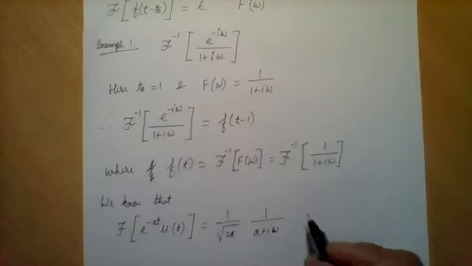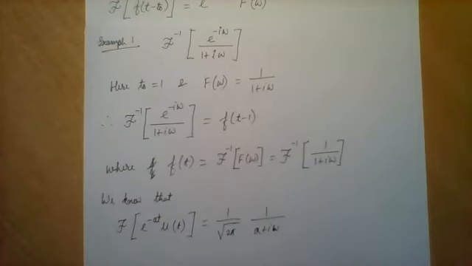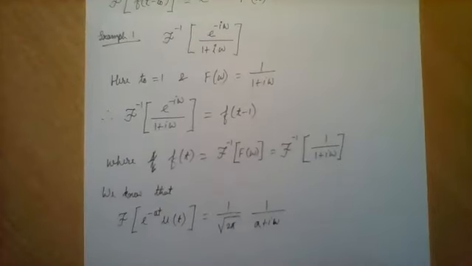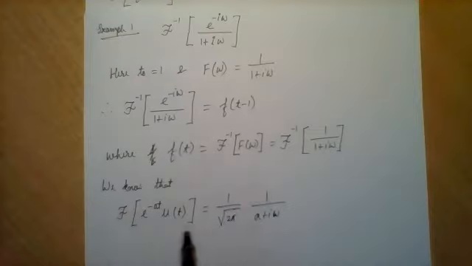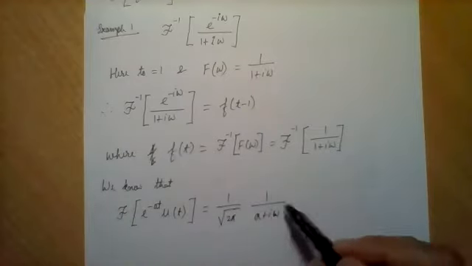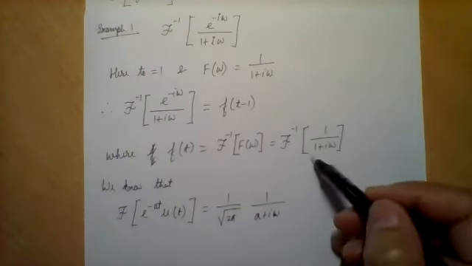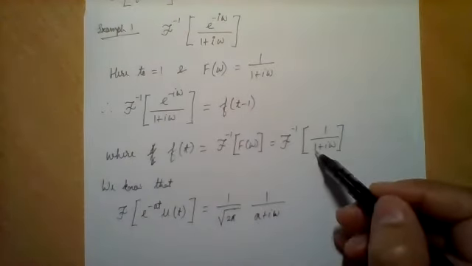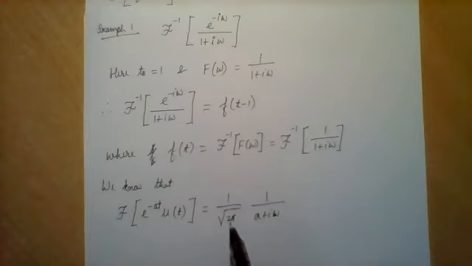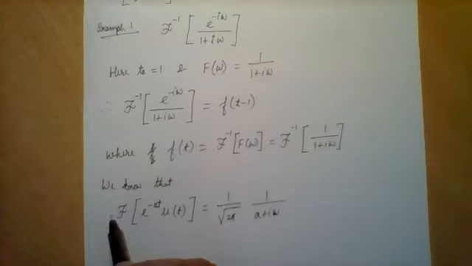This was the result which I just showed. If you compare this and this, we find that a is equal to 1. So if I bring 1 by root 2 pi towards the left, it becomes root 2 pi.